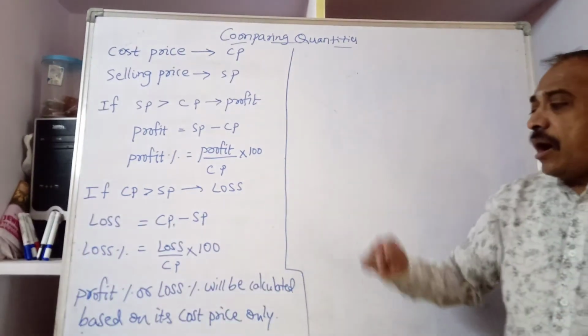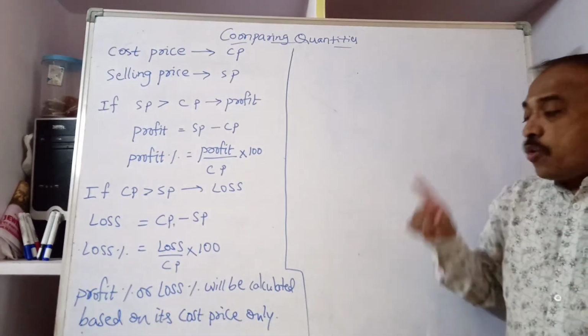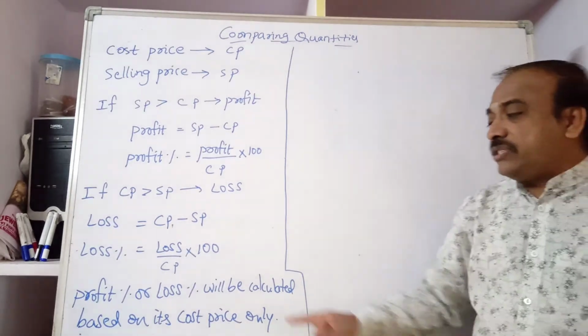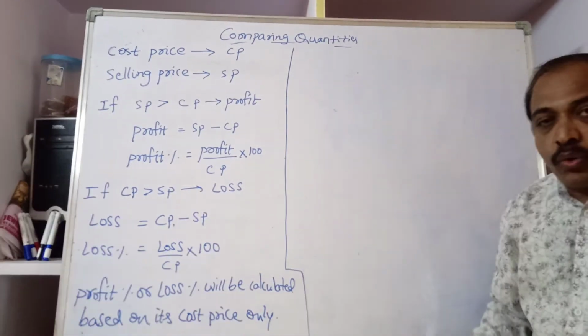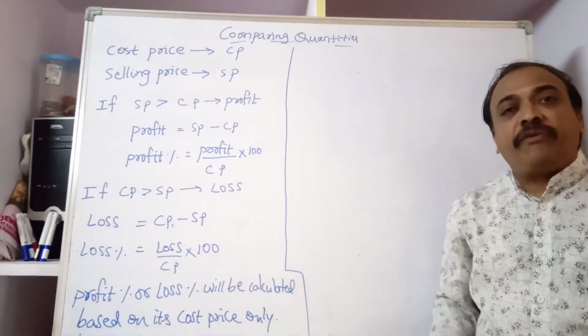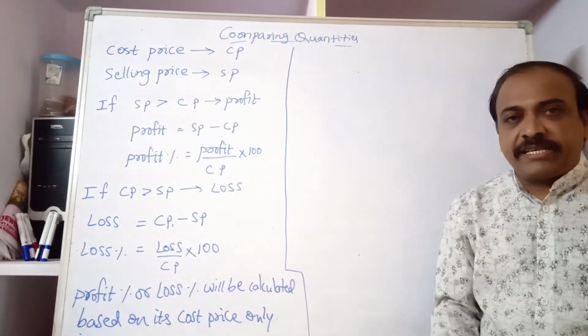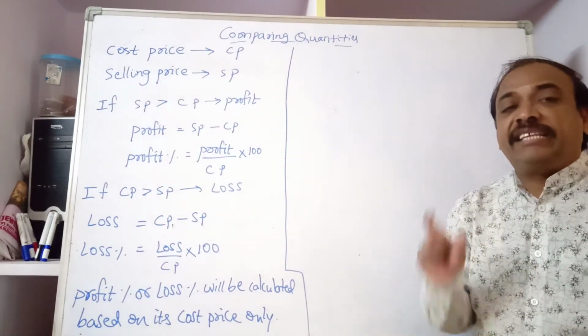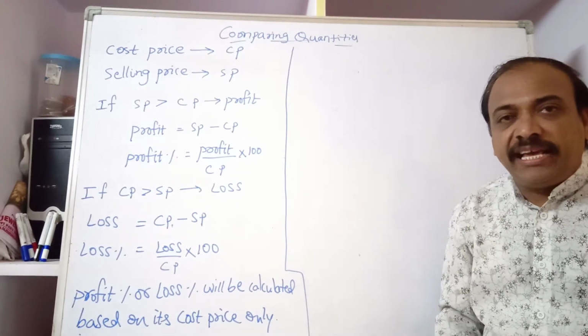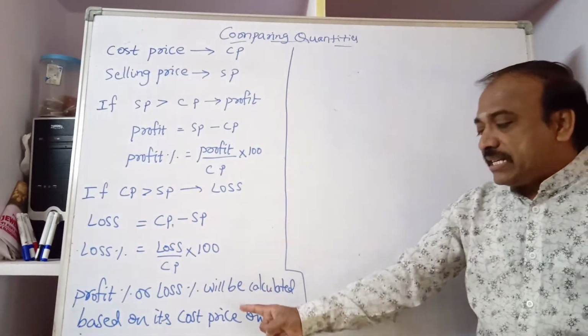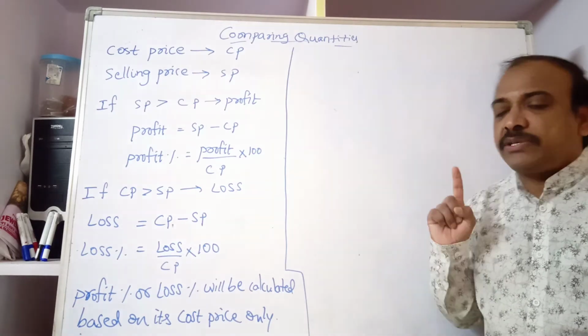Profit percent or loss percent will be calculated based on the cost price only. Whether it is profit percent or loss percent, it is calculated only on the cost price.